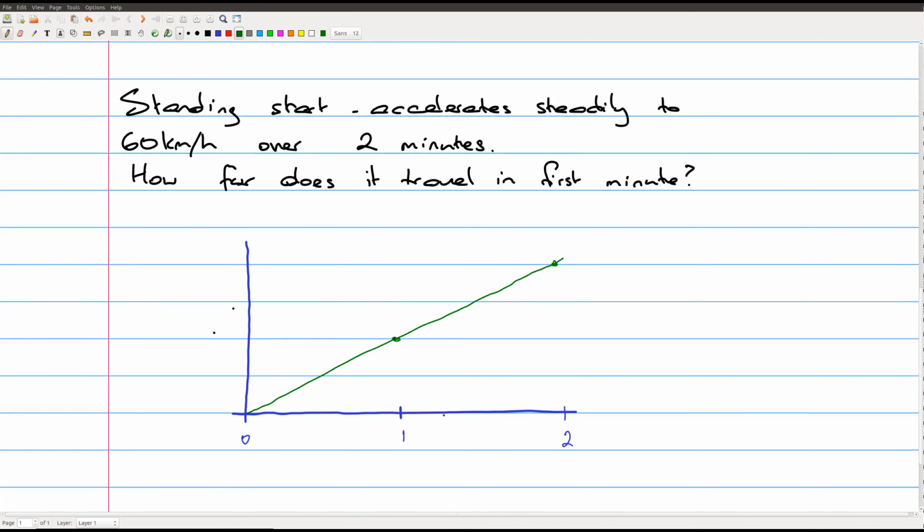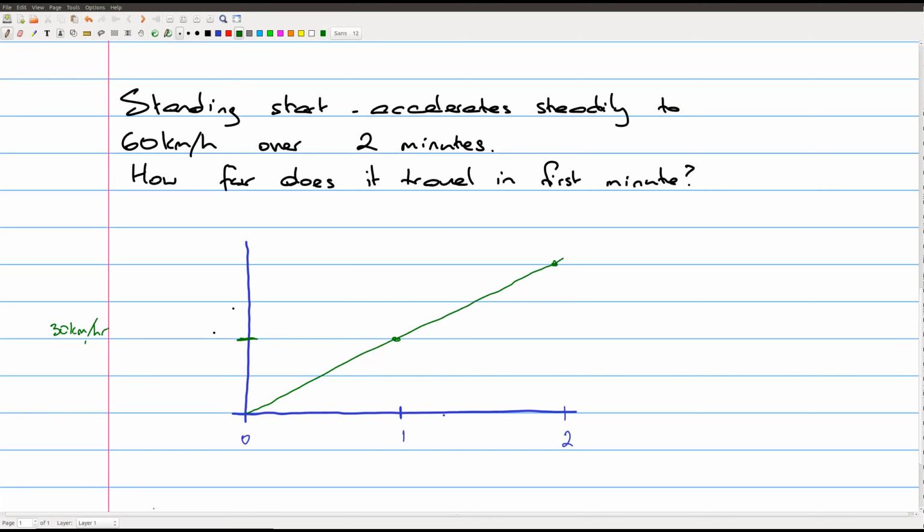But our speed is given to us in kilometers per hour, and we care about time measured in minutes. So we need to adjust the units in which speed is measured so that they correspond to how we're measuring time. Whether you change the time to hours or the speed to minutes doesn't really matter, but I'm going to change the speed to minutes. After 1 minute, we're at 30 kilometers per hour.